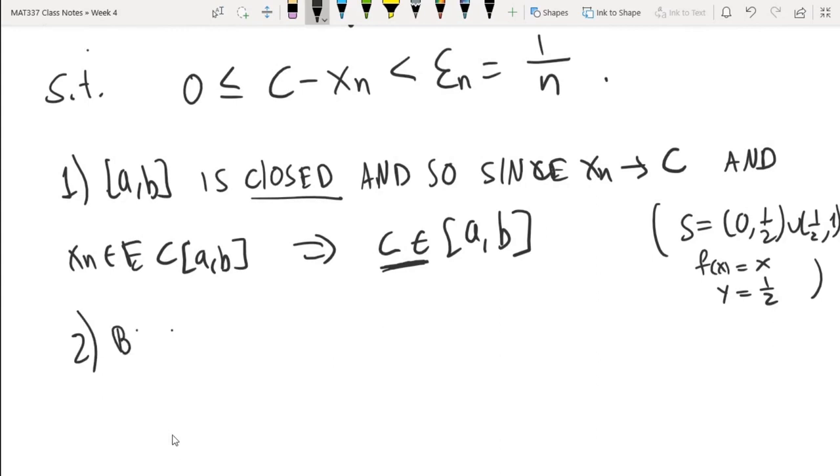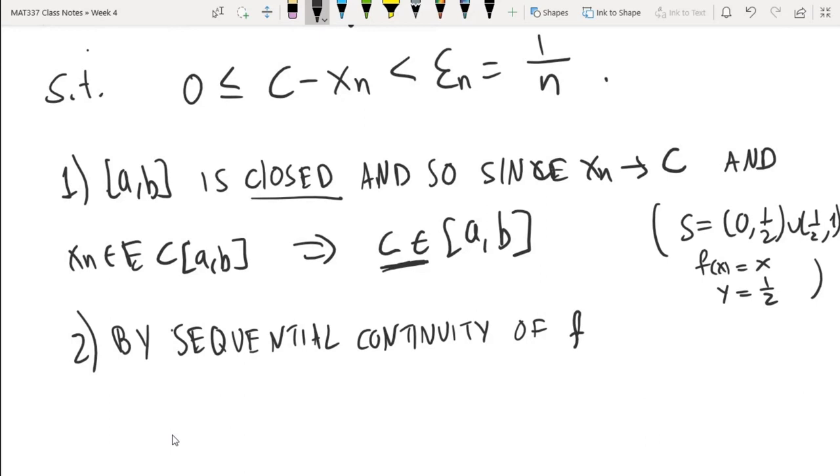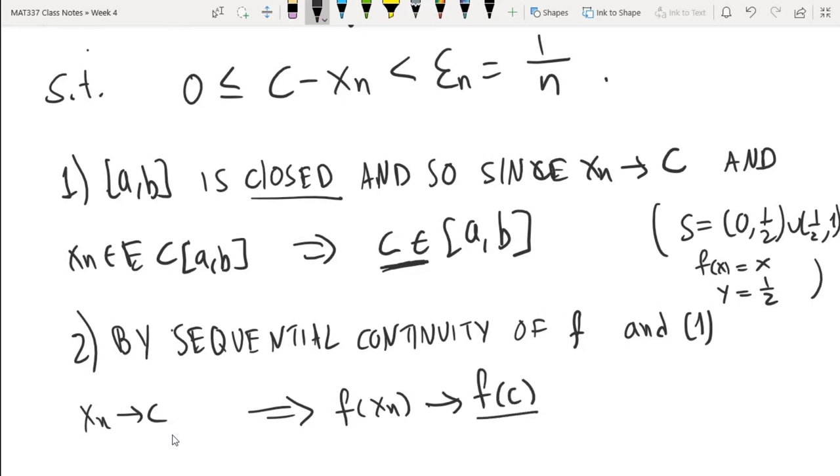Second, by sequential continuity of f, what do we get? x_n going to c and also 1 implies f of x_n goes to f of c, which from 1 belongs to f of [a, b].